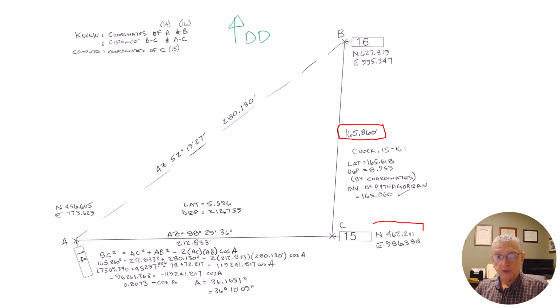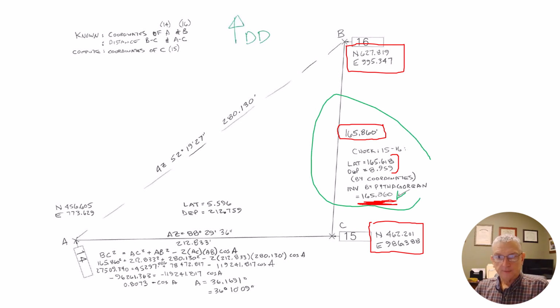Being that we have computed coordinates on C and B, we can do a simple adding and subtracting and find the latitude and departure, which is difference north and difference east of the line B to C. And then simply by the Pythagorean theorem, you square both of these numbers, take the square root of the result, and it's 165.806. So that is the nice big green check mark.